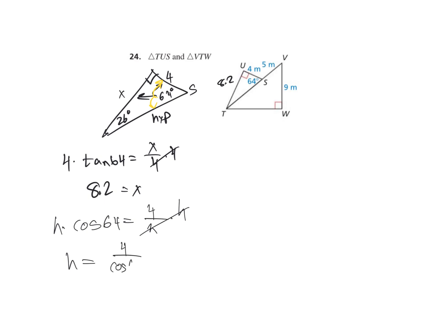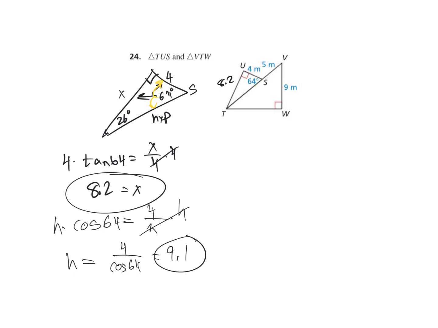All right, so 4 divided by, be careful putting this into your calculator, 4 divided by cosine of 64 equals 9.12 or 9.1. All right, so that's the left triangle.